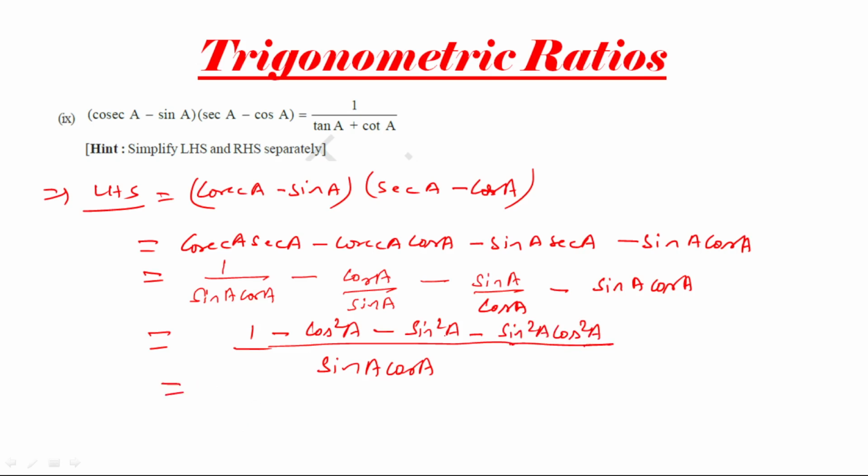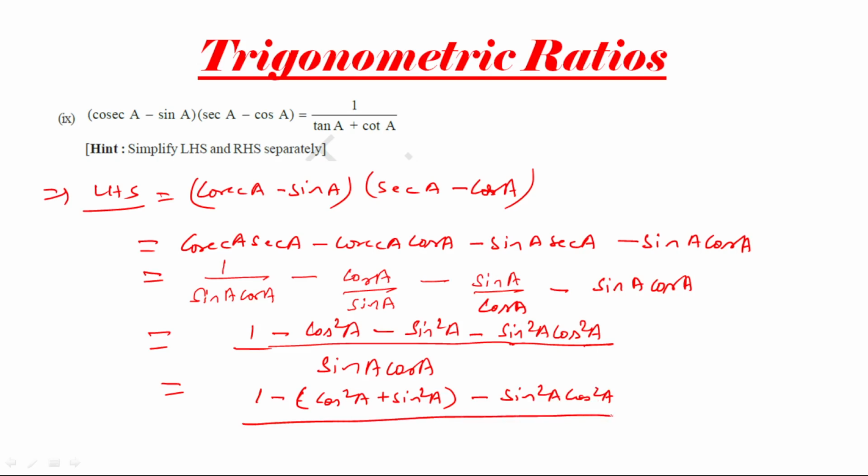So cos square A minus sin square A. So it will give what? 1 minus, in bracket we can write cos square A plus sin square A, minus sin square A cos square A divided by sin A cos A. In this case cos square A plus sin square A is equal to 1.